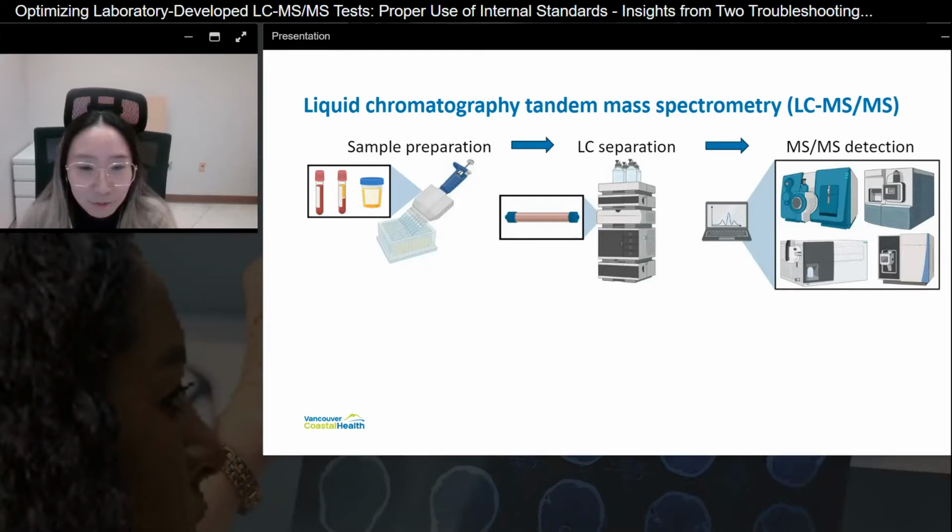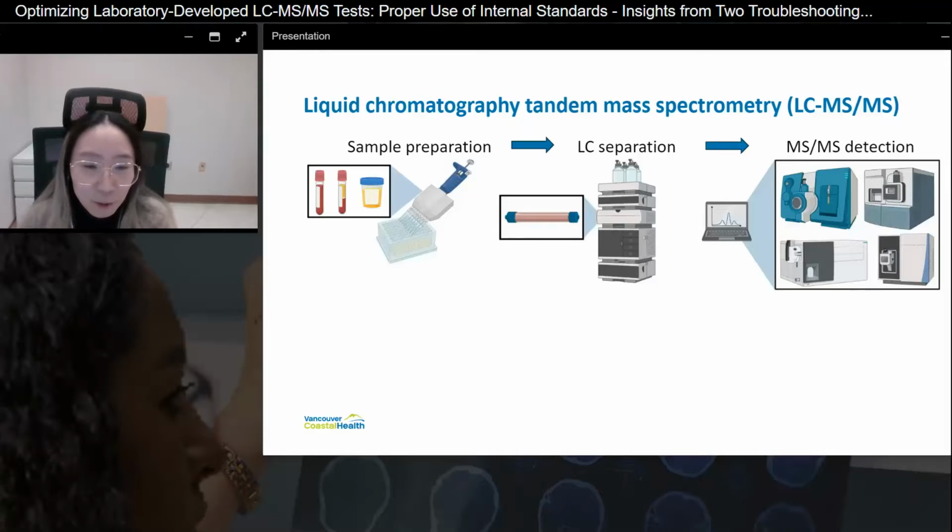So first of all, some background information about LC-MS. Mass spec is now widely used in clinical lab and clinical research thanks to its high sensitivity, high specificity, and the flexibility in customization and multiplex.